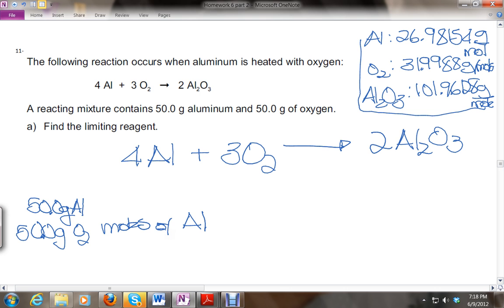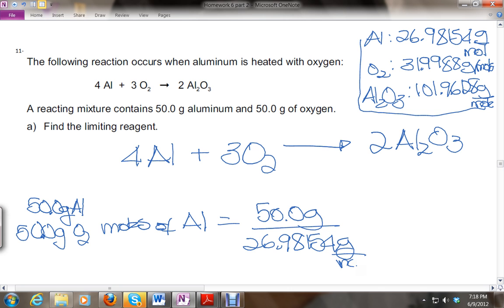Okay, moles of aluminum. It's going to be 50.0 grams divided by 26.98154 grams per mole. At least I'm writing faster with the pen. Equals how much? It's going to be 1.85312 moles of Al we have.